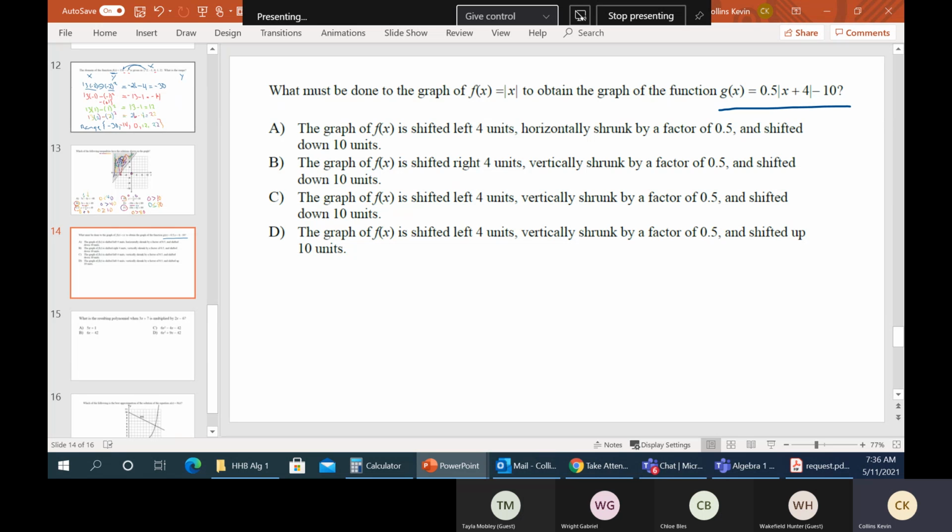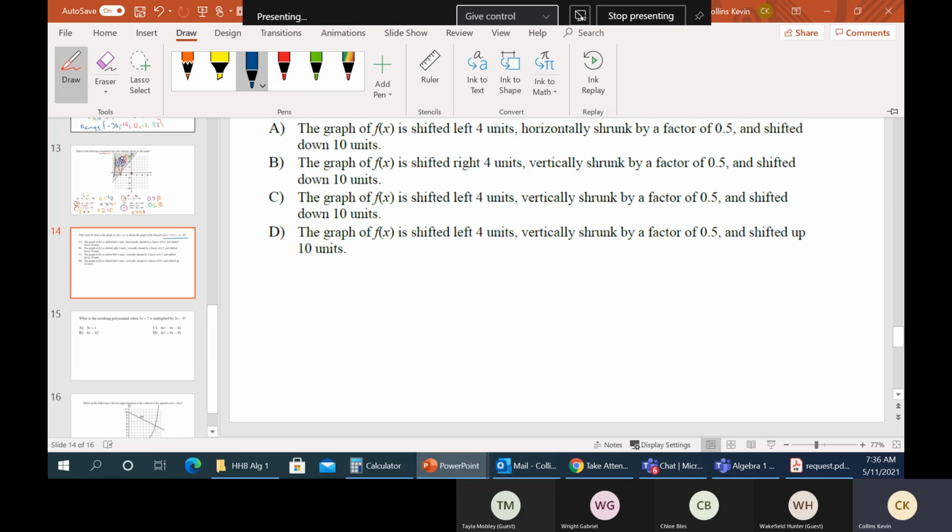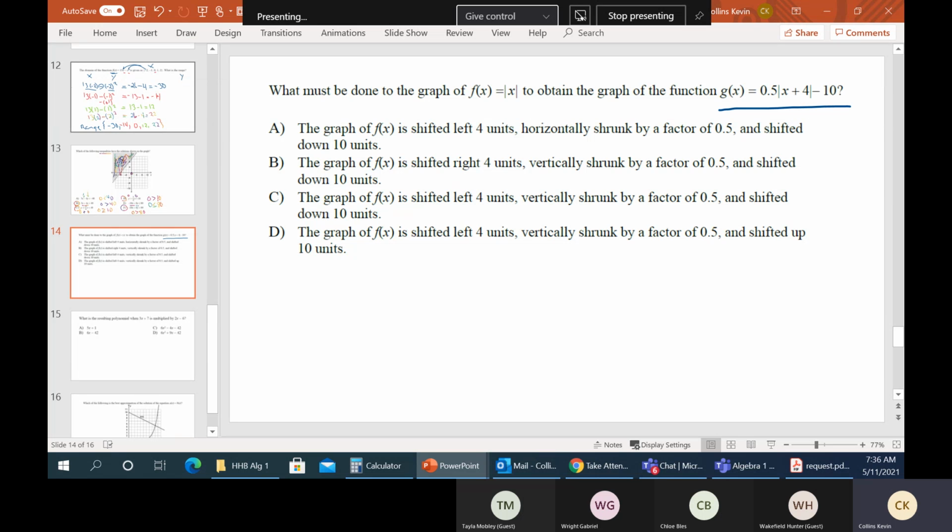Okay, so let's start with the number, the negative 10. If we just tack on a number and it's a negative number, how does that move our graph? Up, down, left, right, stretch, compression. What's that do for us? If we just have a minus 10 at the end of the function, what's going to happen?